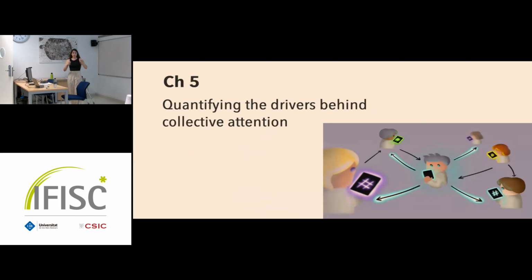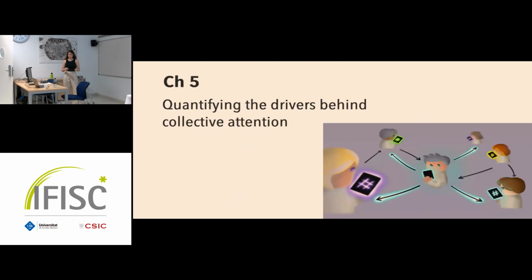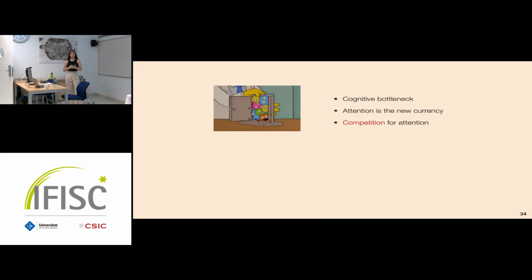And with this setting, our next step was: okay, we have seen this nested structure, and now we want to obtain not only the network structure, but also the strength of this competition and mutualism. So we wanted to quantify these drivers in online social networks. And why online social networks? What is this problem with users' attention?